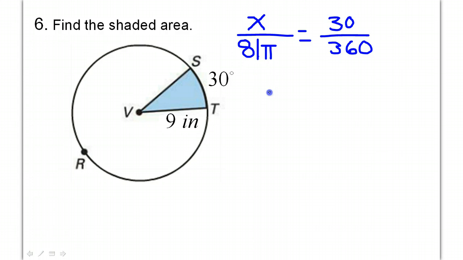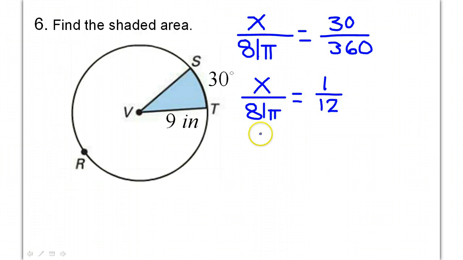Alright, so first of all, 30 over 360 reduces to 1/12. Cross multiplying, I'm going to have 12 times x, and then 81 pi times 1, of course, is just 81 pi.